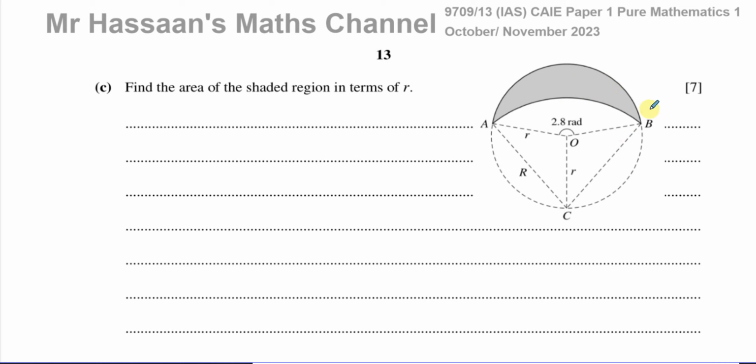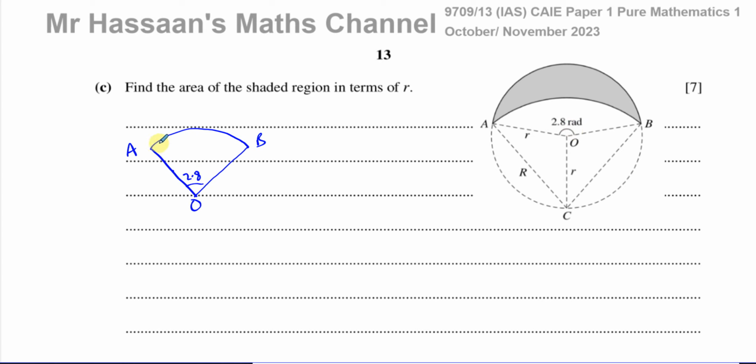So the big arc, the upper arc, is made from the circle. That's like this. Let me try and make that a bit neater. Okay, so the big arc, which is this one on the top, is from O, A, and B, where here you have 2.8 radians.